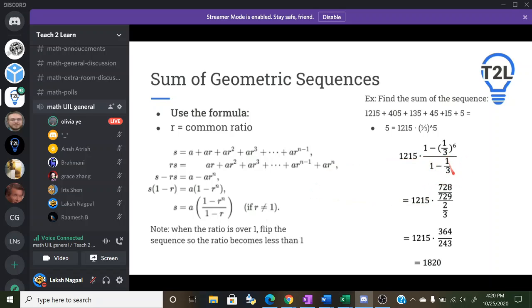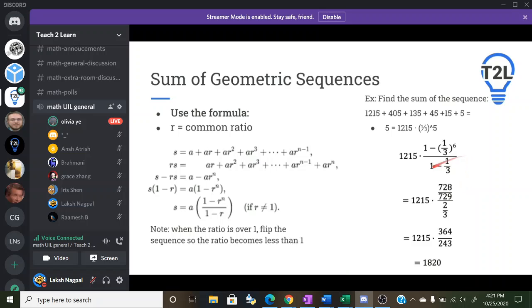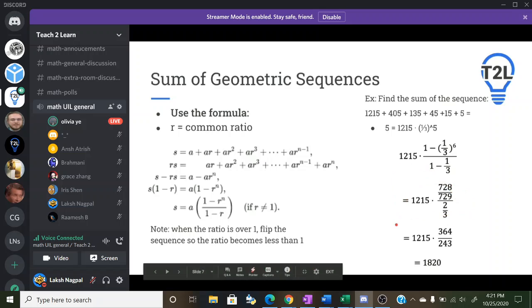Once you solve, you get 1 minus whatever 1 over 3 to the 6th power is, and once you simplify, you get 728 over 729 divided by 2/3, which is 1 minus 1/3. If you simplify further, you'll get 1,820. This seems kind of complicated, but usually on a number sense test they won't give you ones this complicated, so it'll be easier to solve in your head. For the sake of an example, we chose one that was slightly larger.